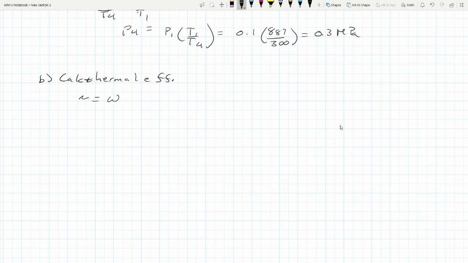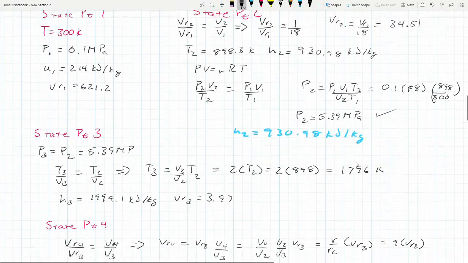Efficiency is equal to the work of the cycle over the total heat added. Well, what's the work of the cycle and what's the heat added?